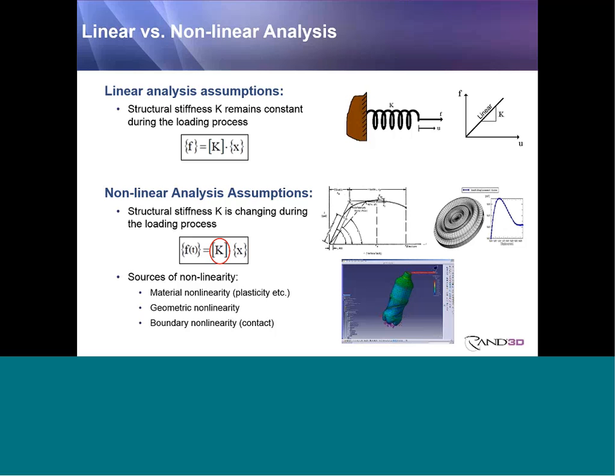That's an example of geometric nonlinearity. And lastly, you may have a model with boundary nonlinearity such as contact. Contact between different parts, and in this slide you see an example of what is called self-contact, where surfaces within the same part get into contact during the deformation process.